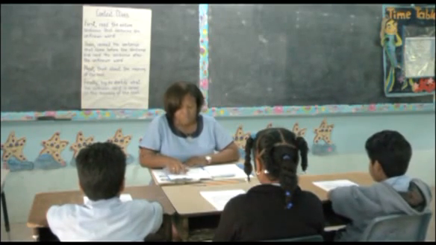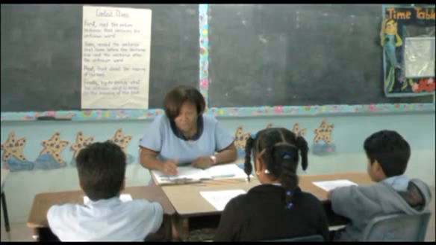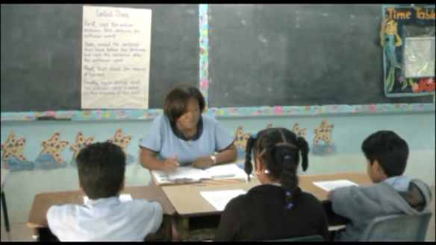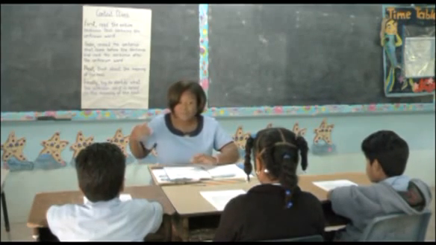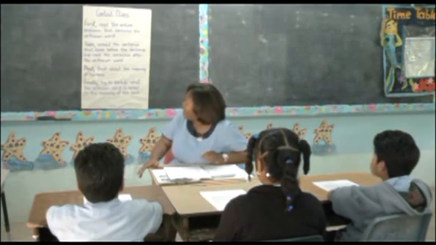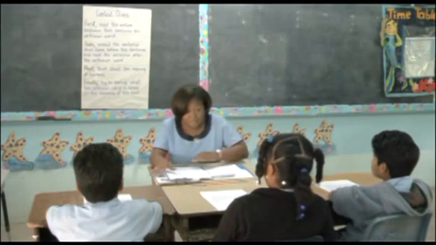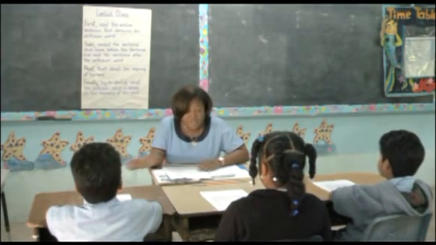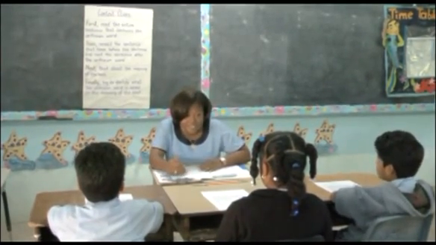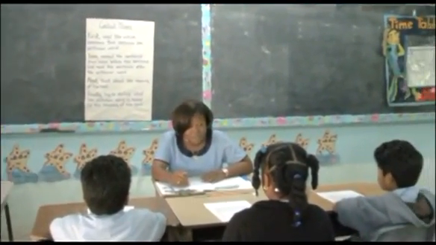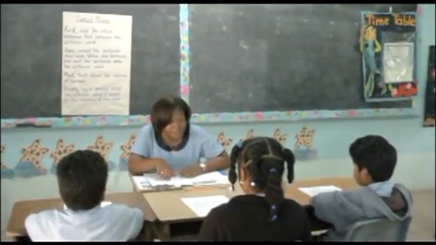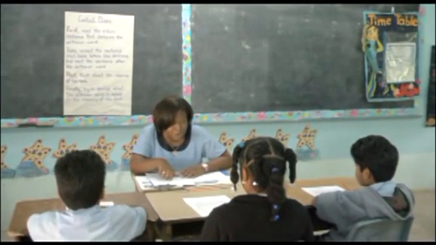Now, we have steps that we must follow to help us figure out how to use context clues. And if you look on the board behind me, you will see I have 4 steps. Let's read them aloud and then we'll go back to the sentence and I will show you how to use those 4 steps to figure out what the word procure means.